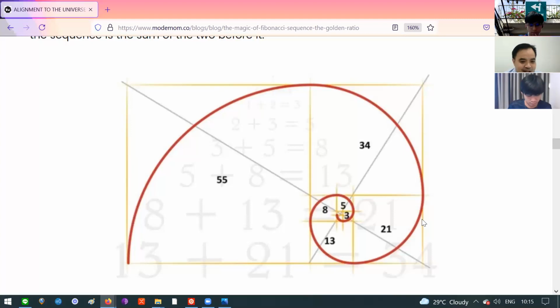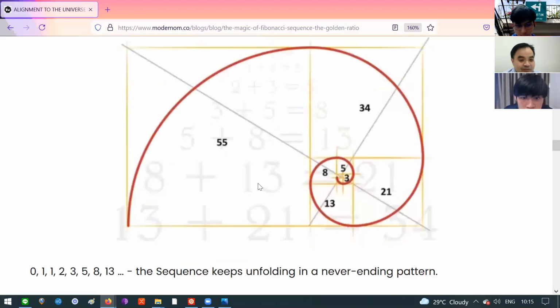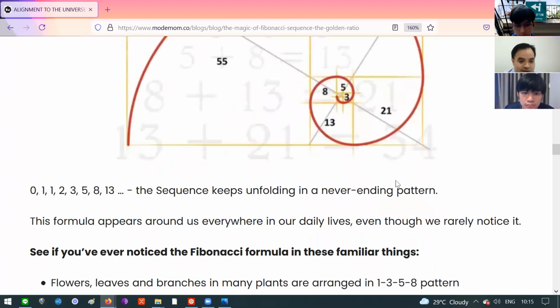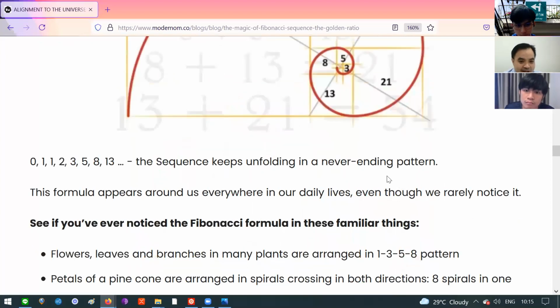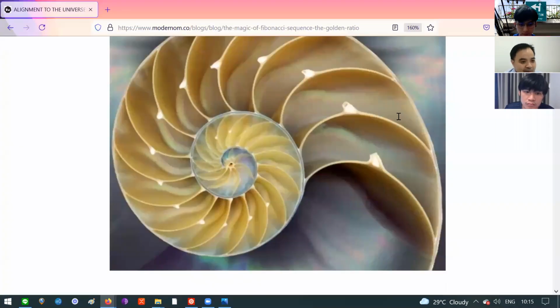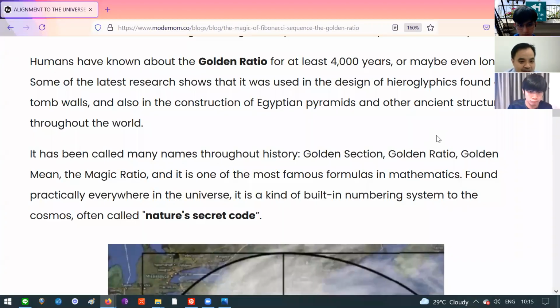Nature scales like 3, 5, 8, 13, 21, 34, 55, and so forth. So this is how nature scales. This is a cross section of a seashell, and they say that perhaps it's also hidden in the pattern of something even as remarkable as a hurricane.